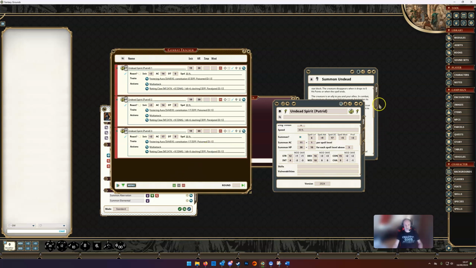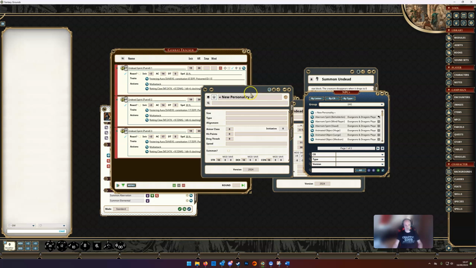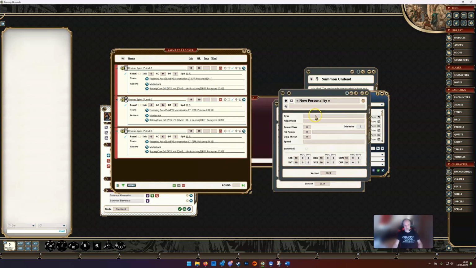So that's summoned NPCs. If you're creating one yourself, then obviously you can go to the add item here, and then we just come down to this box here, and if we click on that box to tick it, all these other boxes come in, and you can fill this in according to whatever format you want.